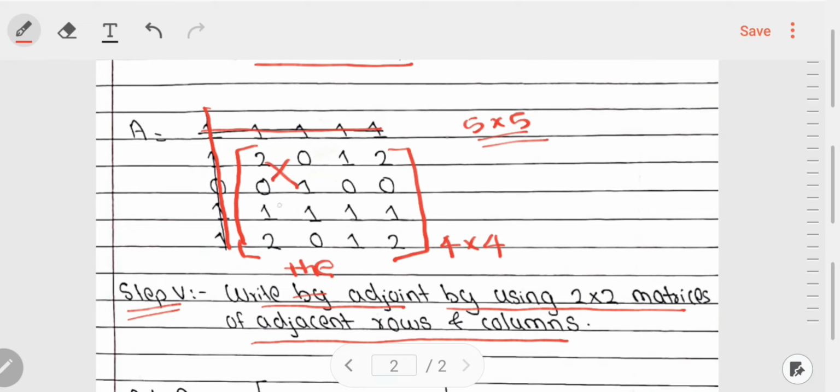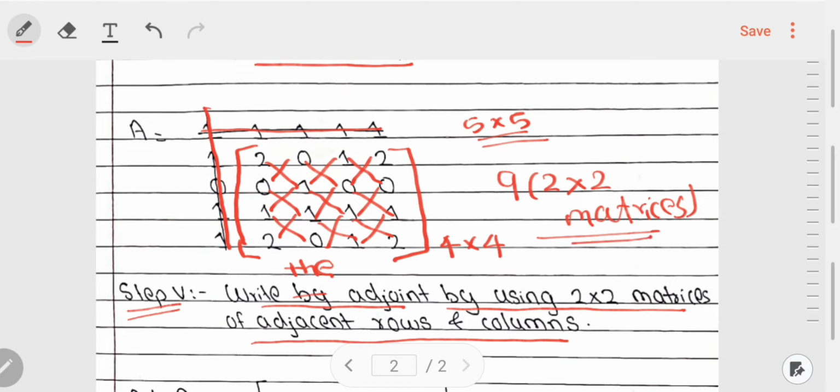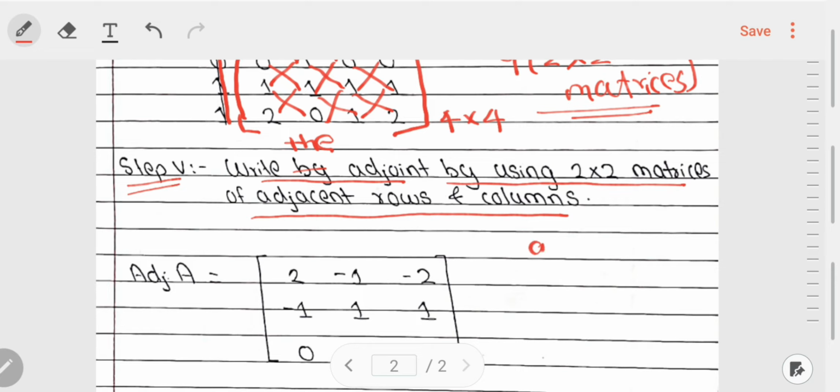This is the first 2 cross 2 matrix, this is the second, the third, the fourth, the fifth, sixth, seventh, eighth, and ninth. So we have 9 2 cross 2 matrices. If we have 9 2 cross 2 matrices, we will get 9 determinants of those matrices.